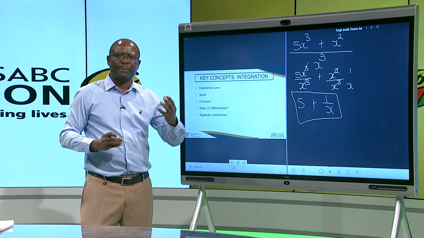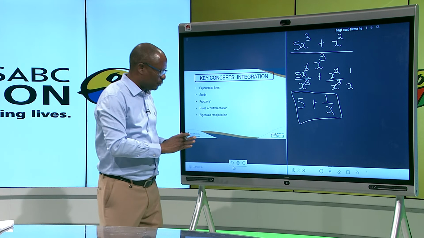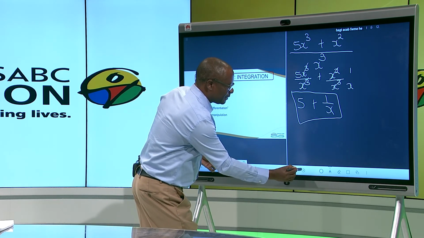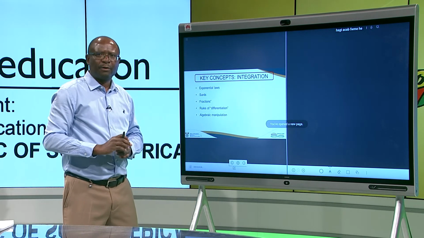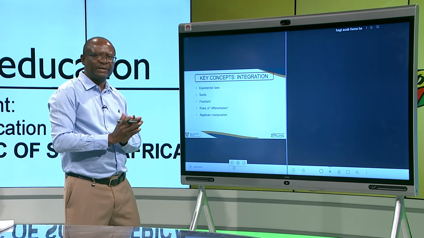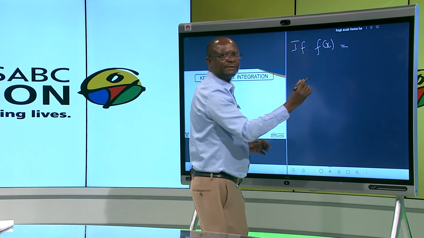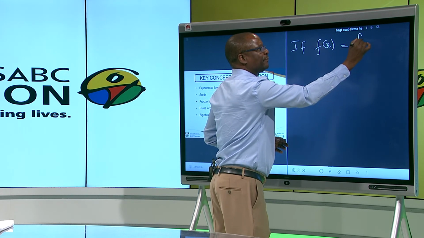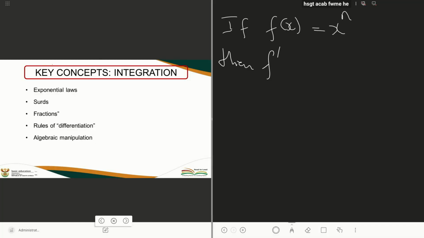Therefore, you must also understand the concept of differentiation, which for now I can only remind you of the rule of differentiation, which says if f of x is equal to x to the exponent of n, then the derivative of f of x will be equal to nx to the exponent of n minus 1.